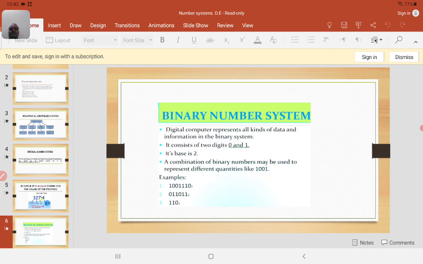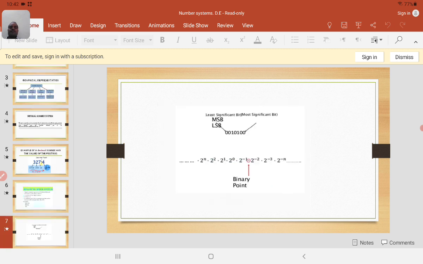Whereas the binary number system, we already know, consists of two digits, 0 and 1, so its base is 2. Some example combinations are 1001, 100, 1110, 011. These are binary numbers. Here we show the positional values like this, with the binary point given here.